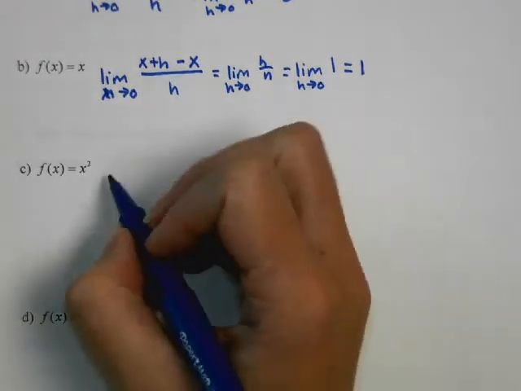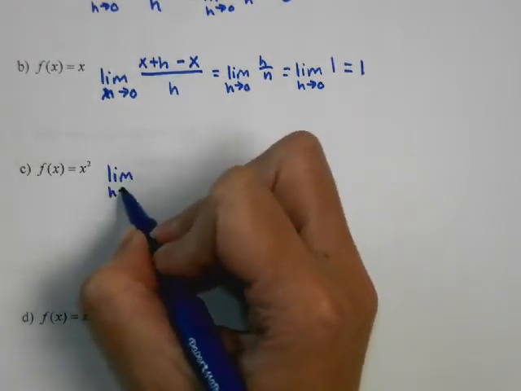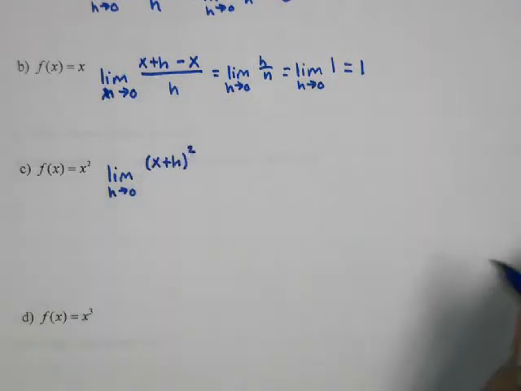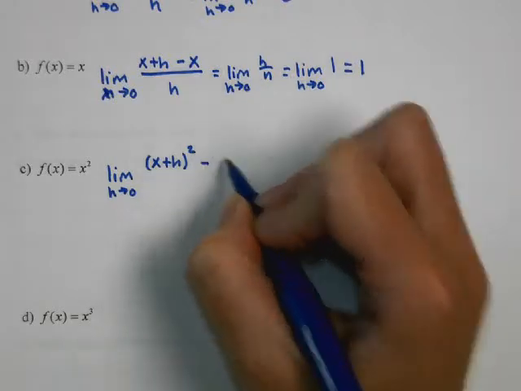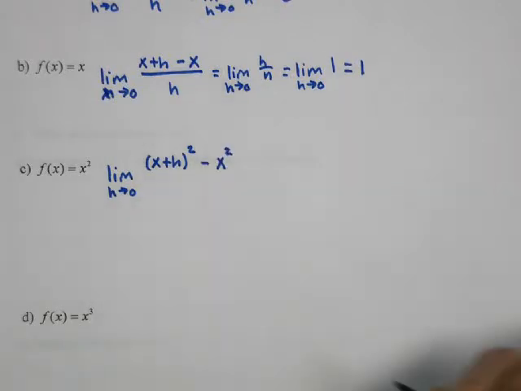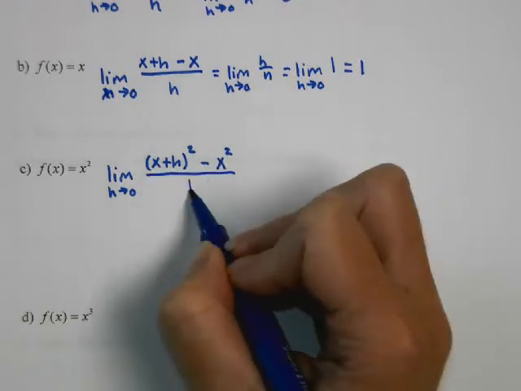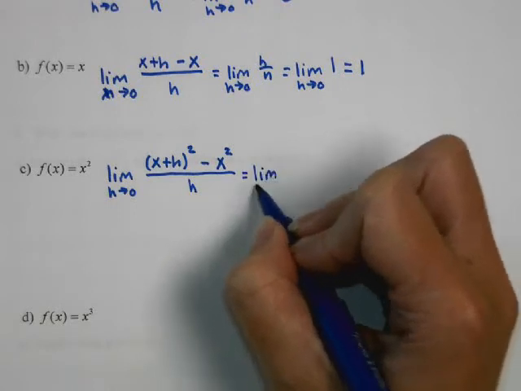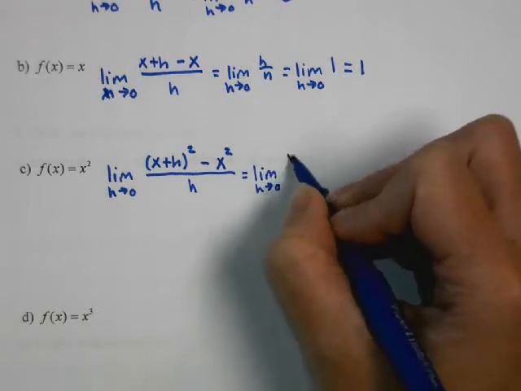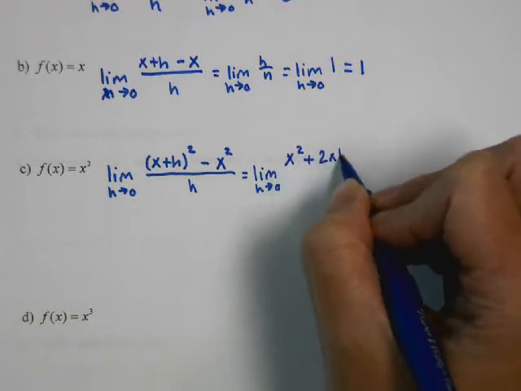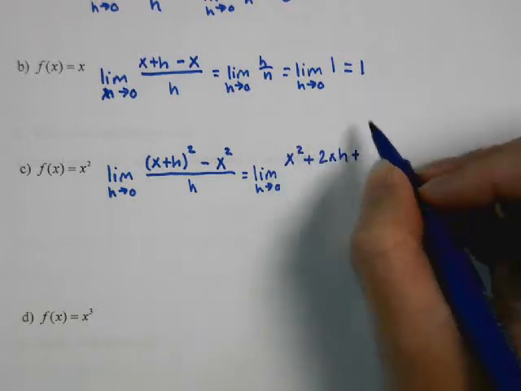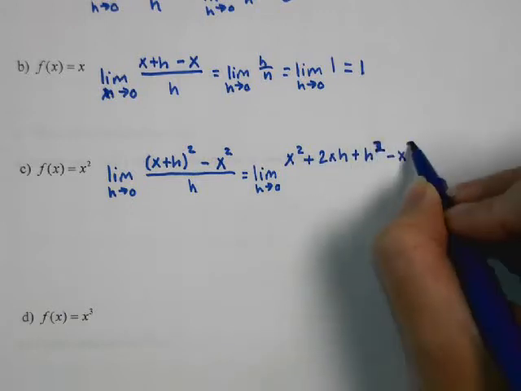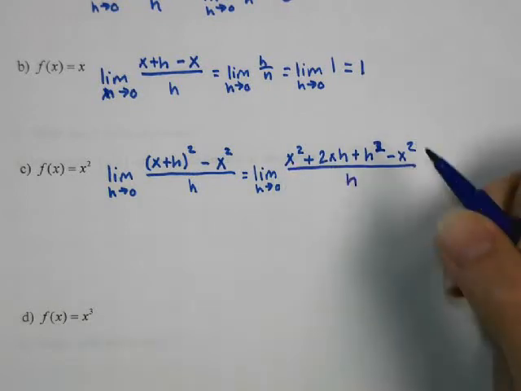Okay, let's do x squared. So the limit as h goes to 0 of f of x plus h, so x plus h squared, minus f of x over h. We're going to FOIL that out. Squared all over h.